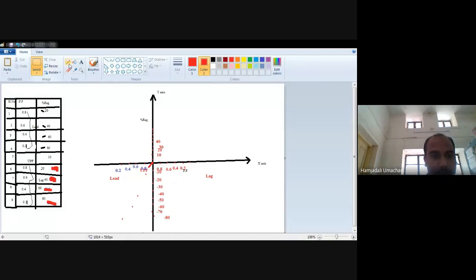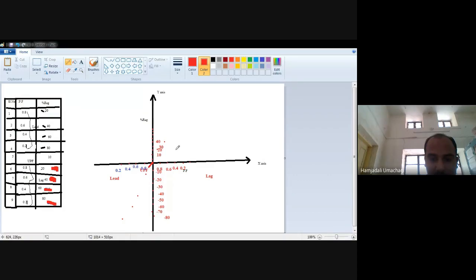Where is the pencil? 0.8 power factor lagging. All these are lagging power factors now. All these four values, 0.8, 0.6, 0.4, 0.2. 0.8 lagging power factor is 20, first point. Then 0.6 is 40, somewhere here. 0.4, 60.